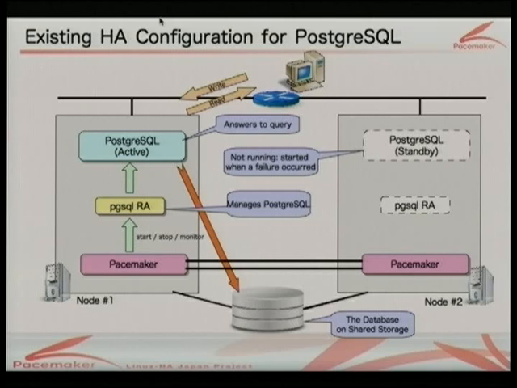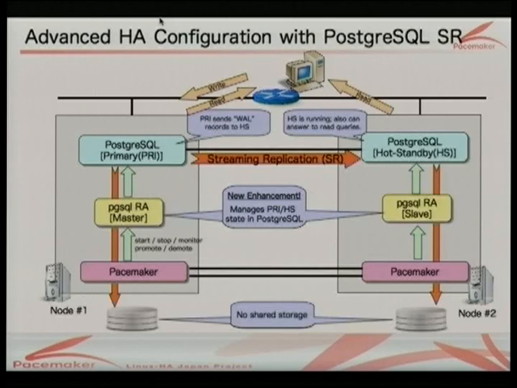This is a very typical active standby configuration. Now we have a replication feature. In that case, the PostgreSQL database runs on both nodes, and one node runs in primary status and the other node runs in hot standby status. That terminology is from PostgreSQL.